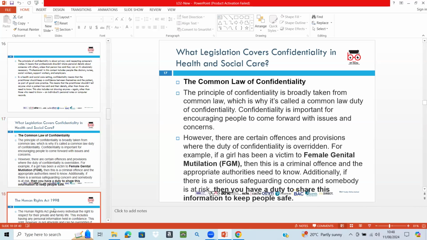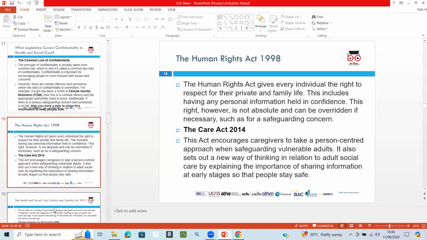And we have the Human Rights Act. If we talk about the Human Rights Act 1998, this act guarantees the right to privacy, the right to life, and it also includes confidentiality of personal health information.